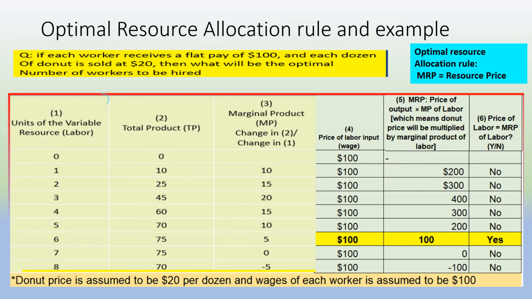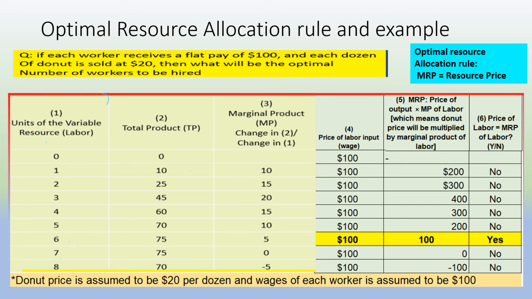On the other hand, why will hiring the fifth worker not be optimal for the company? Because the fifth worker's marginal product is 10 dozens of donuts, which means the company could earn $200 out of that person's work. So if the company stopped hiring at the fifth worker, the company would miss out on an additional revenue opportunity, because the sixth worker could bring in enough to just pay for the person's cost.